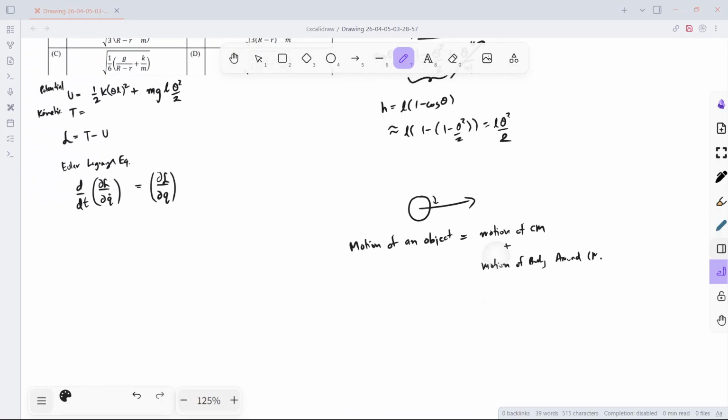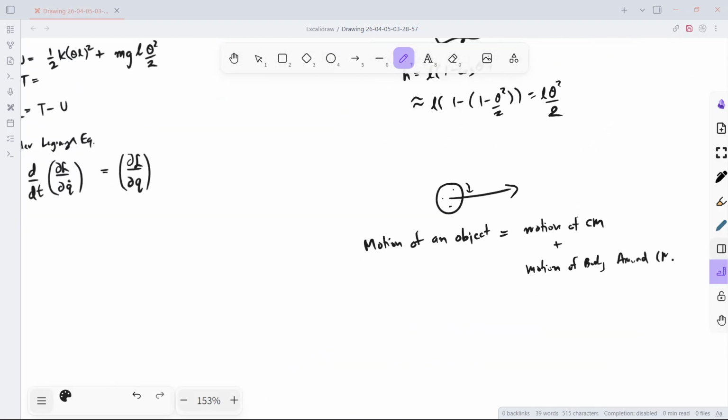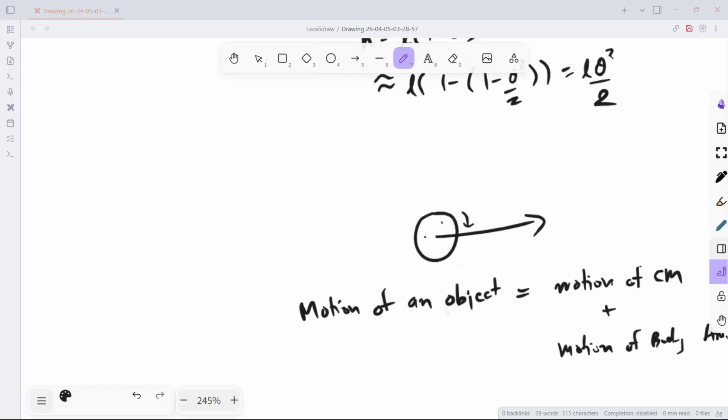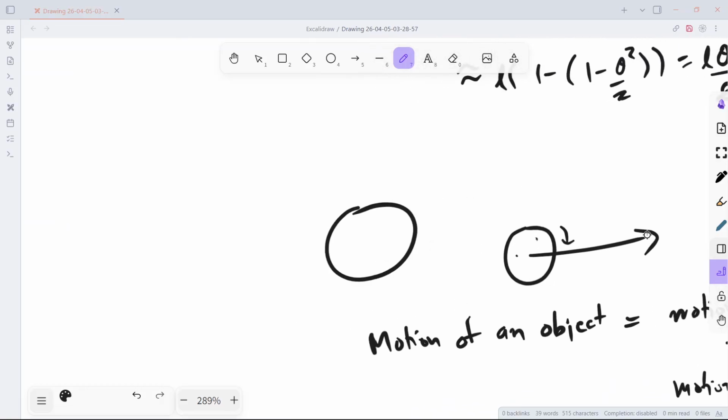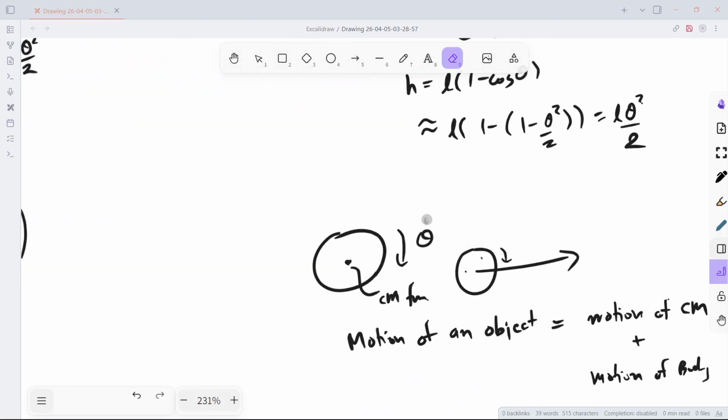So in essence, if there's a ball that is rotating here, you can first talk about the ball as a non-rotating ball, or rather just a point, the center of mass, translating through space. And then you can talk about the ball as if it's stationary, in the center of mass frame, and you can talk about the rotation happening at some angular velocity.